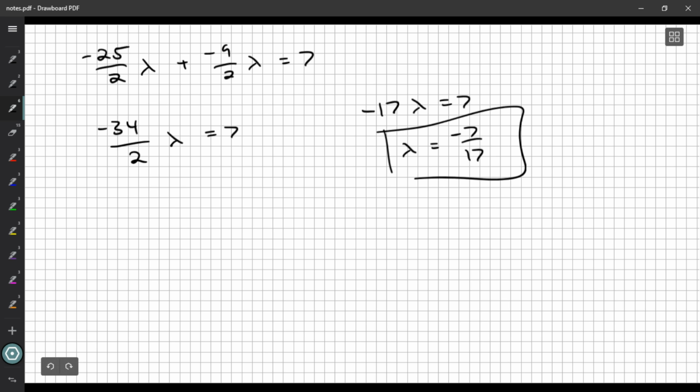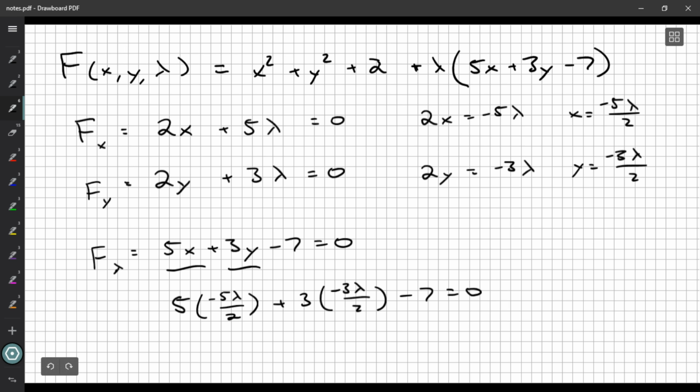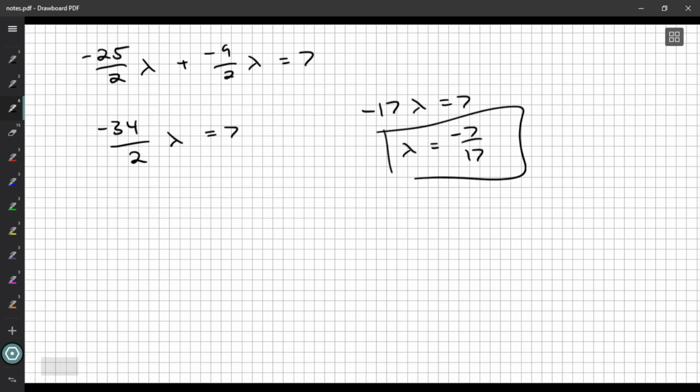Okay? That's the only lambda, and it's going to lead us to x and y, our only critical point coordinates. So that'll have to be where this expression is minimized, and it's true that it will be. So what is our x and what is our y?